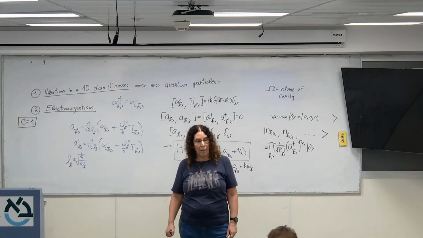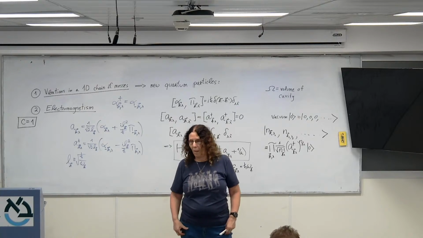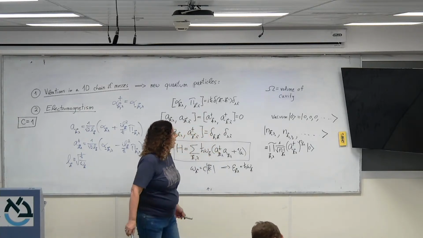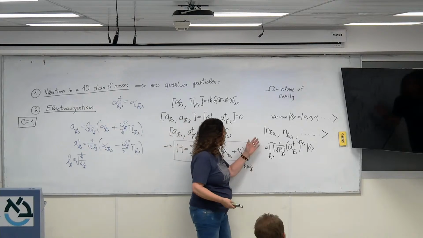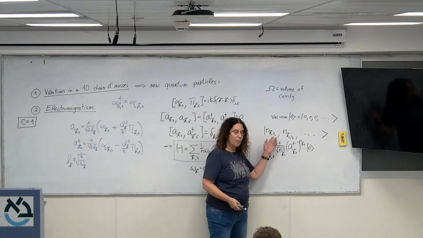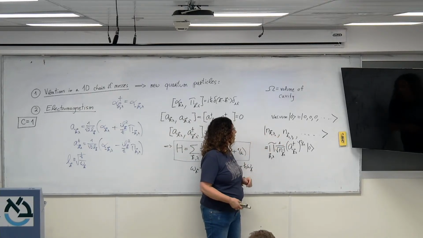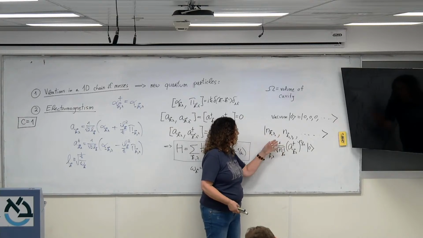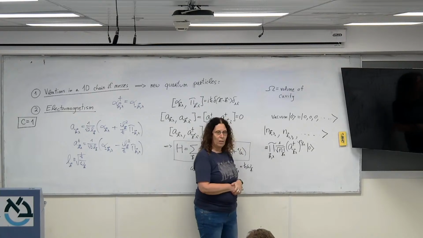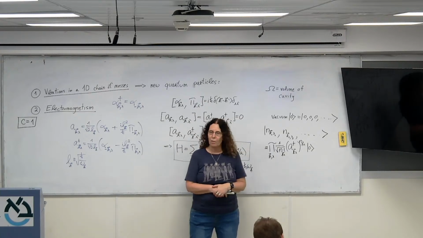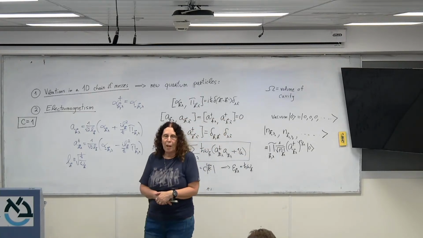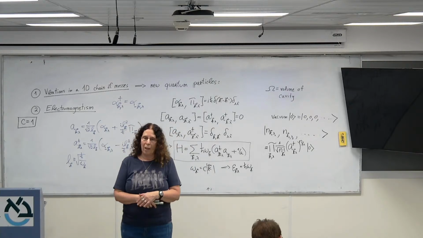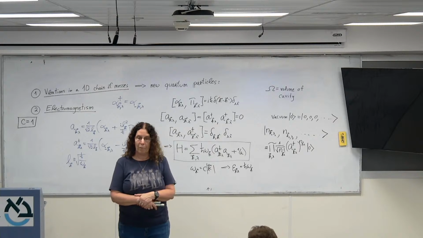Here the eigenstates are many-body states of photons, and each eigenstate can be represented as some number of creation operators acting on the vacuum, and they can be anything because these n_k can be any integer.